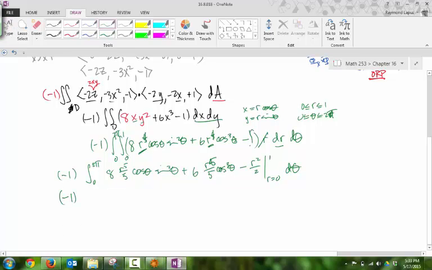So we have a minus 1, let's call this an 8/5, cosine theta, sine squared theta. And then the second one is a 6/5 cosine cubed theta. And then a 1/2. And so all that's d theta. So we're just putting 1 in for r, and then we put 0 in for r, then everything disappears. Okay.